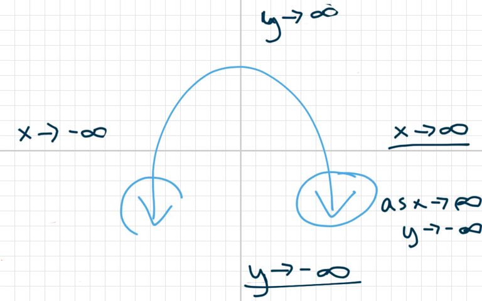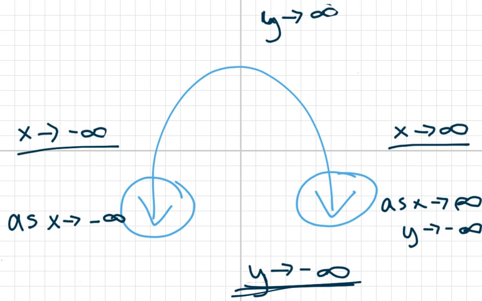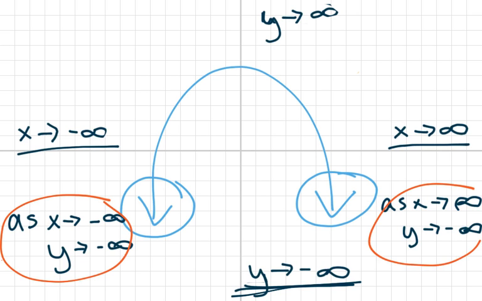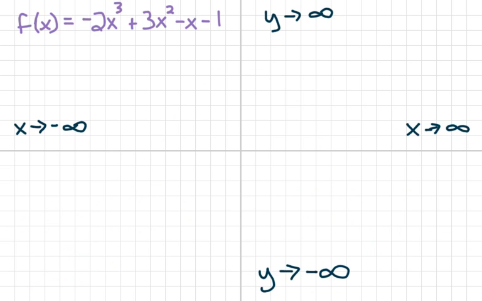And then I look at my left side. It is in the third quadrant, so here as x approaches negative infinity, y is approaching negative infinity. Hopefully this will help you out a little bit as you start having to write the notation on your own.